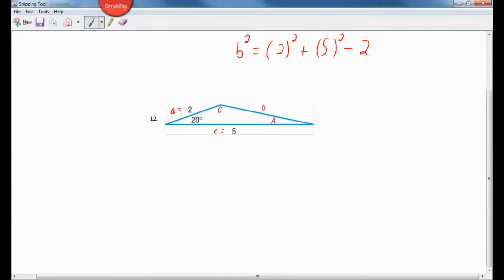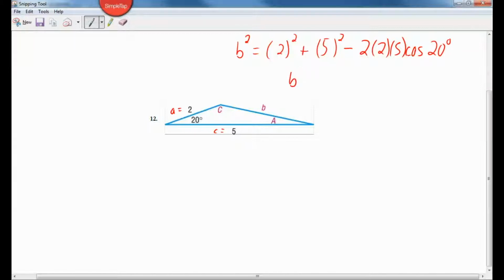minus 2 times A times C, so 2 times 5, times the cosine of angle B. So if this is side B, this is angle B, and we know that one, 20 degrees.